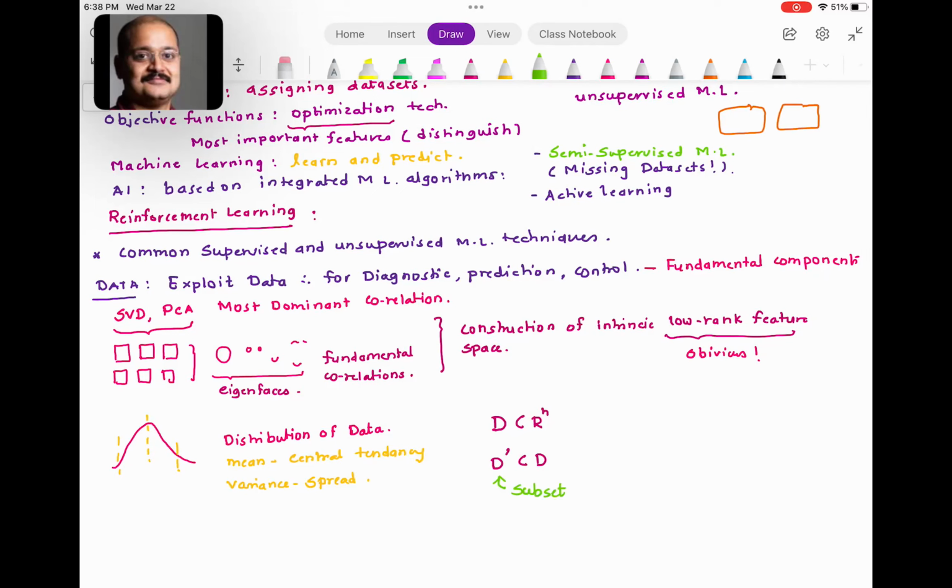And we want to use this subset to build a classifier.